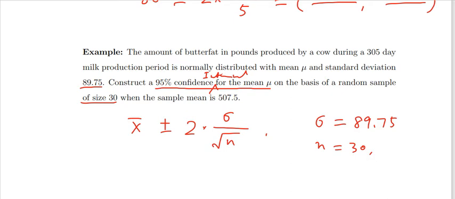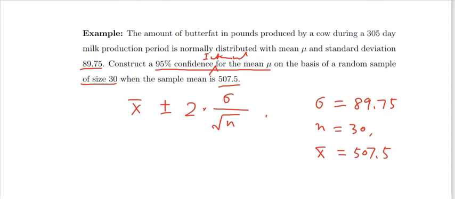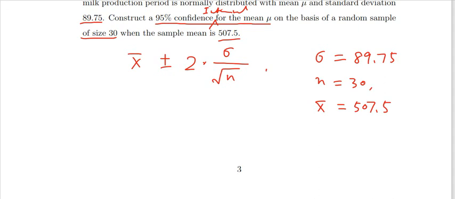When the sample mean is this, so this is x bar, right? Once you pick up those numbers, just use the formula to find the confidence interval, easy, right?